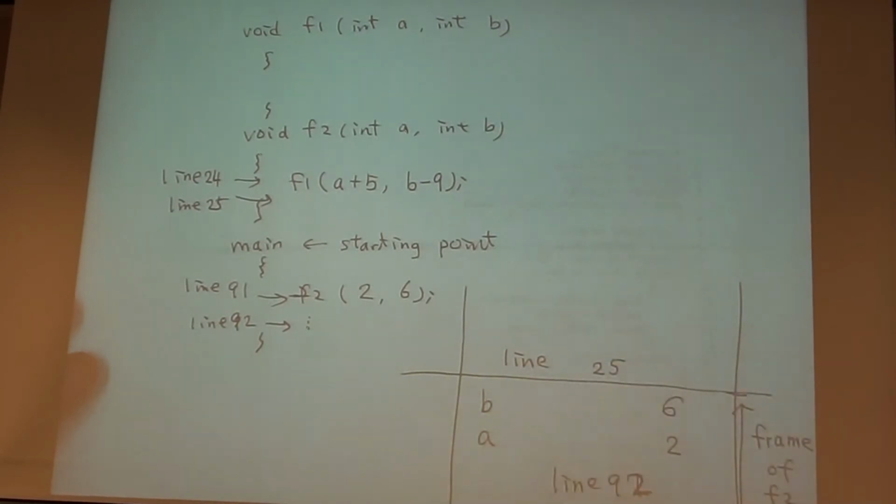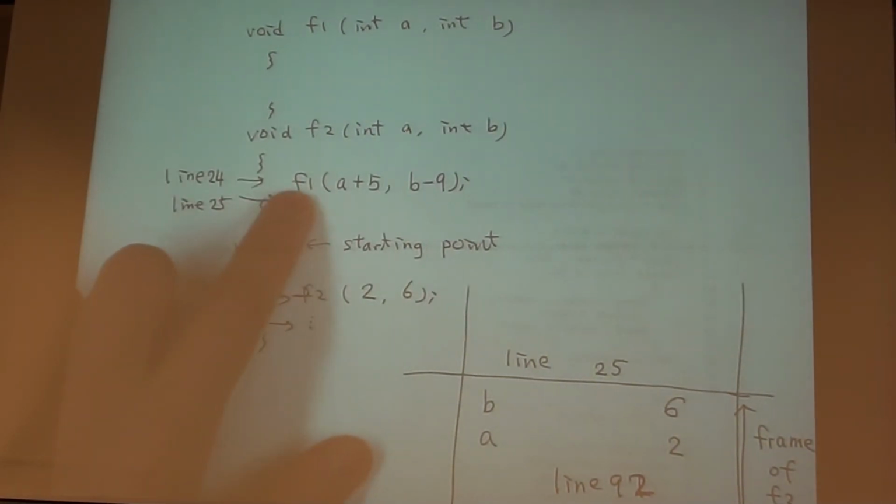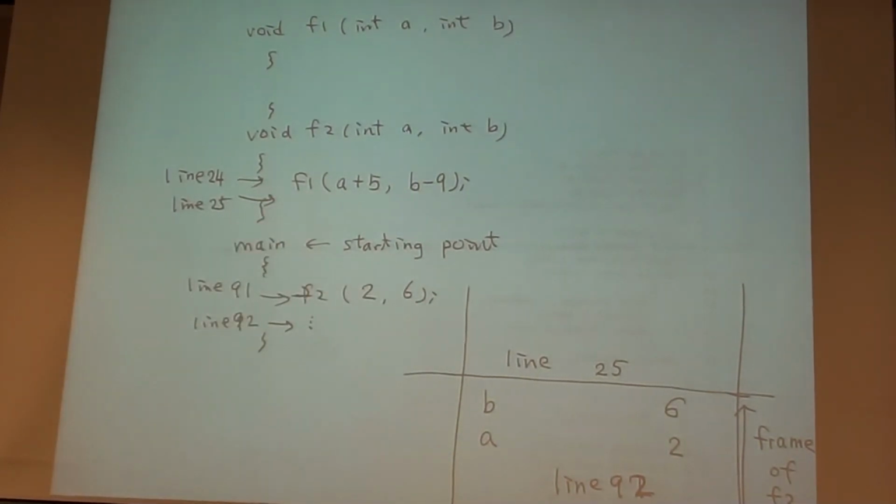Every time I call a function, I push the place where the program should continue after the function call onto the call stack. The function call happens at line 24, so I push line 25 to the call stack.